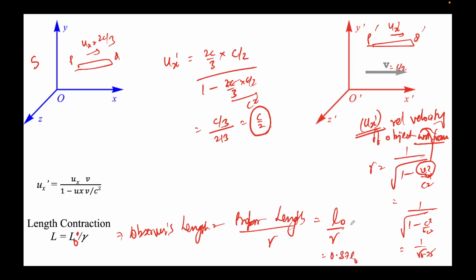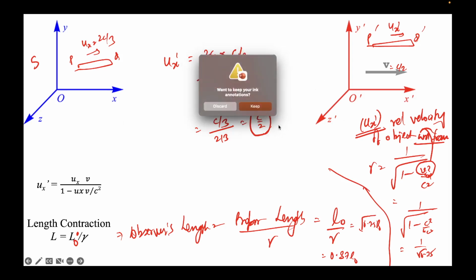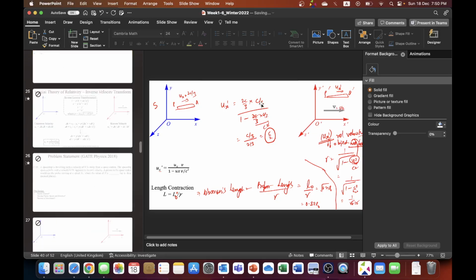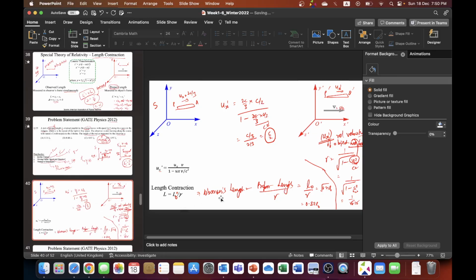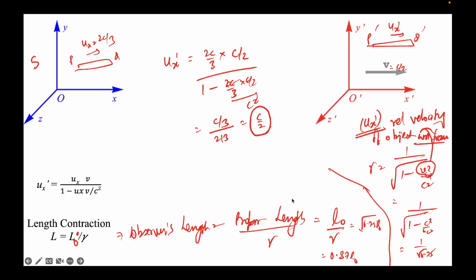What I did, I put here root 0.75 times L naught, and root 0.75 is 0.87. So that's how we solve this problem.